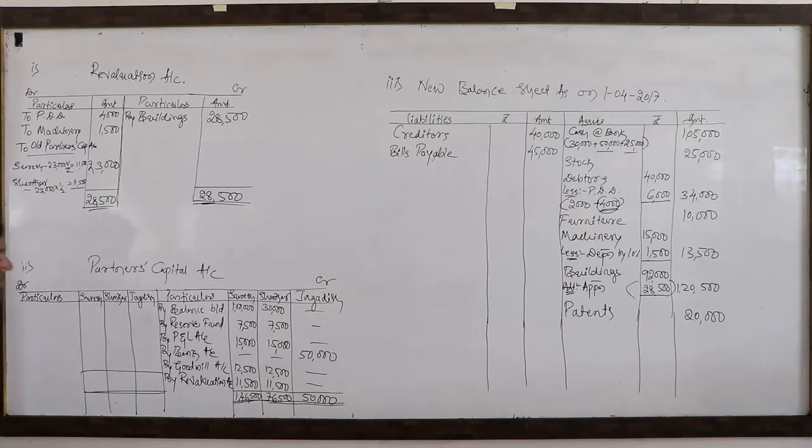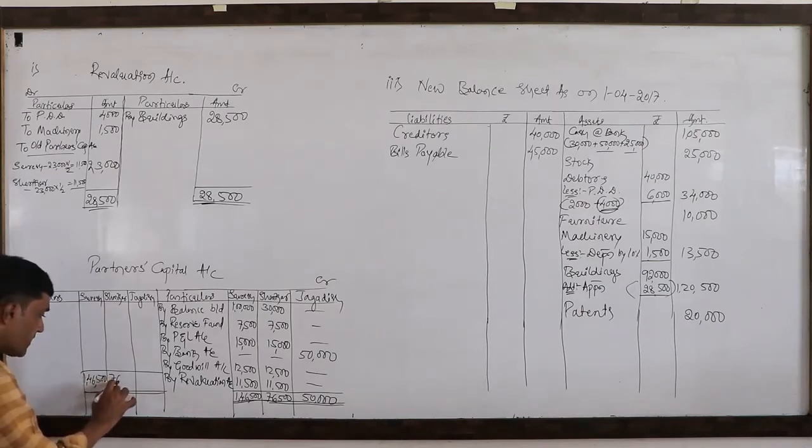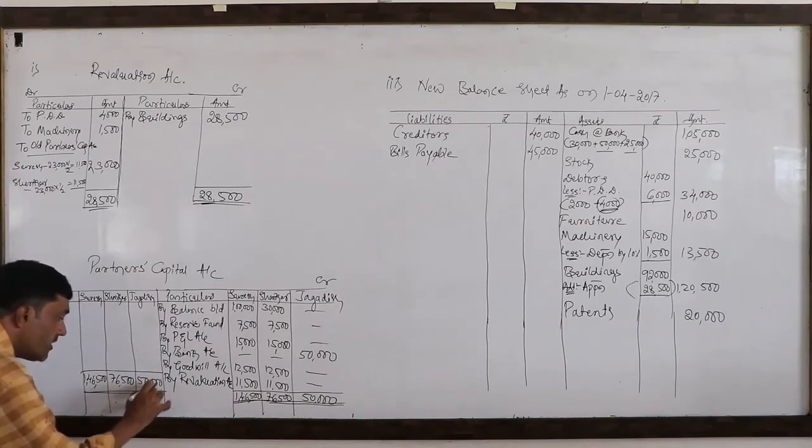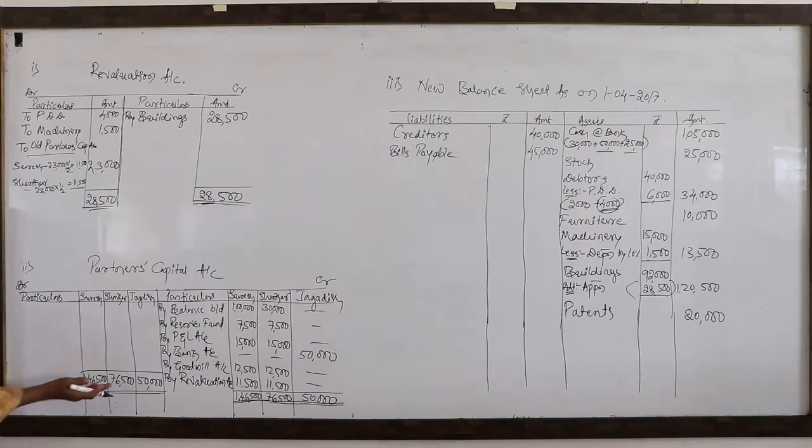Dear students, better you try it with the help of calculators. 1,46,500, 76,500, and this one is 50,000.